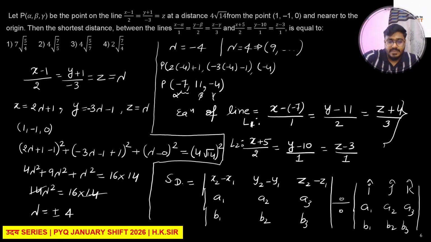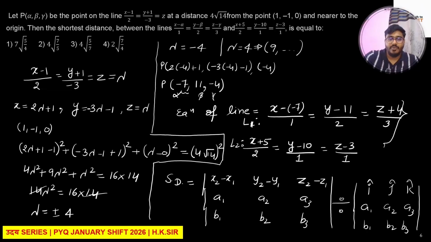I am writing the shortest distance, putting in the values. What is the point on the second line? This is minus 5, 10, 3. So x2 minus x1, y2 minus y1, z2 minus z1. What is the point on the first line?